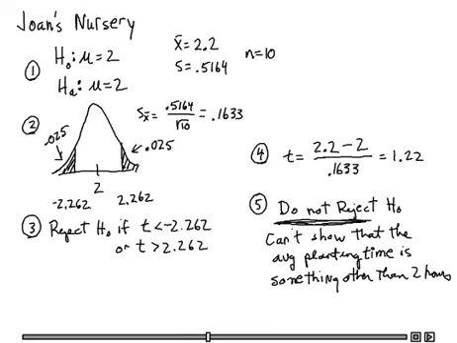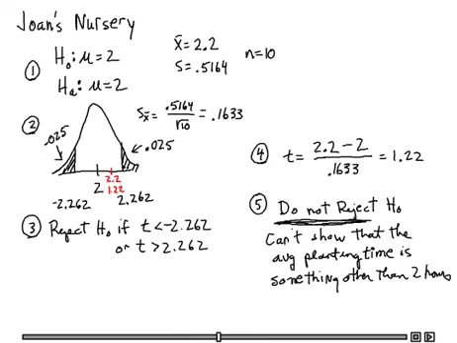Now, the 1.22 t-value is less than the 2.26 critical value. So that basically means that my 2.2 sample average is just too close to call.